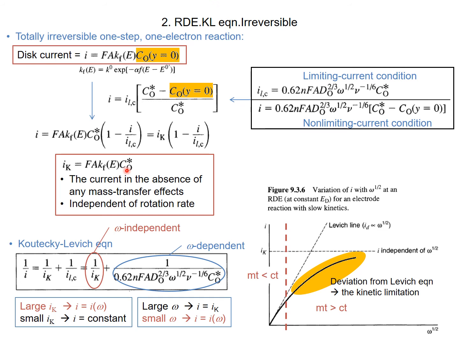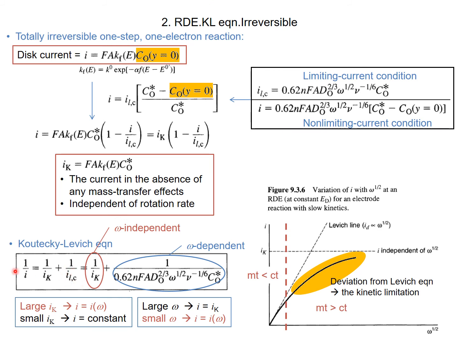So right now we have some equations, and by reshuffling them, finally we could obtain the Koutecký-Levich equation. 1 over the overall current is equal to 1 over the Koutecký current plus 1 over the limiting current, which could also be called the Levich current.